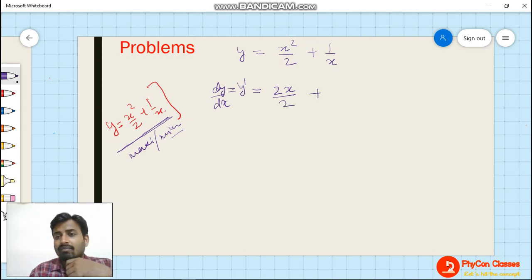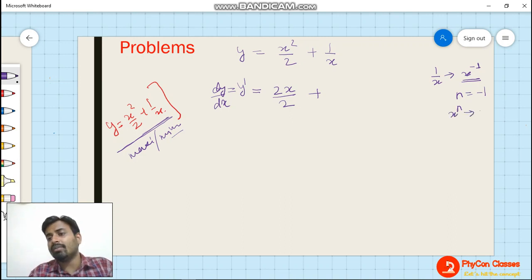1 by x can also be written as x to the power of minus 1. Here the n value is minus 1. And what is the derivative of x to the power n? It is n x to the power n minus 1.